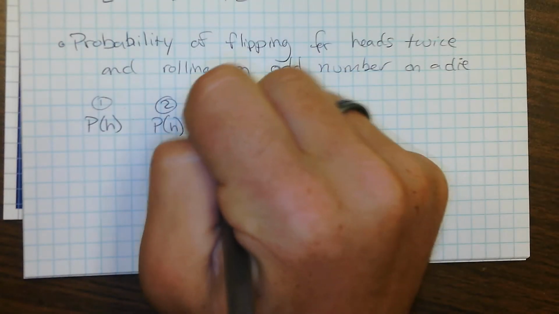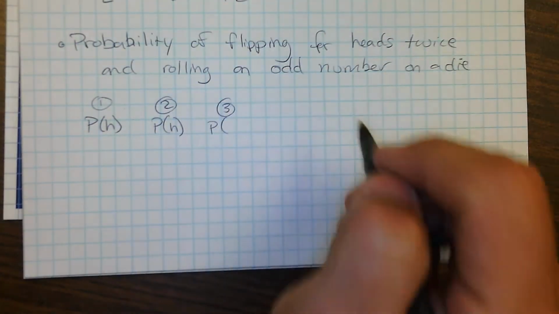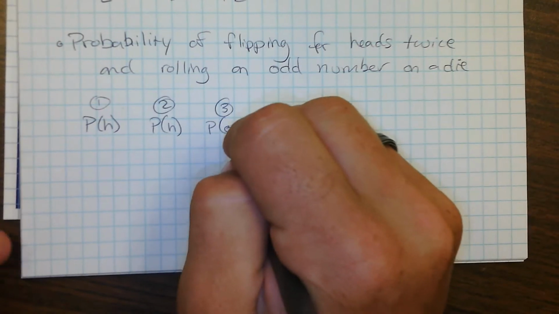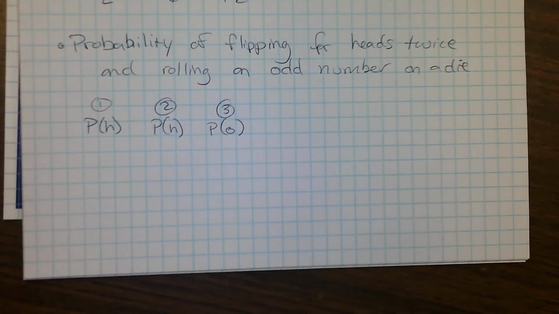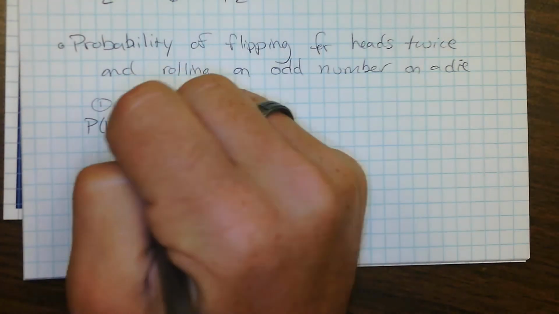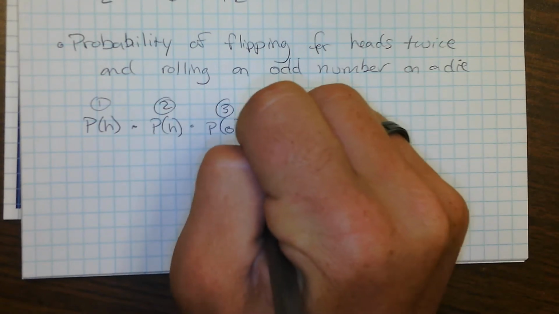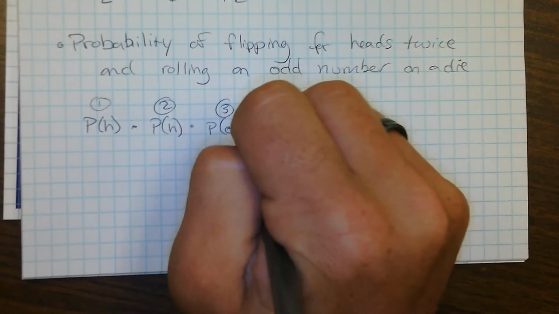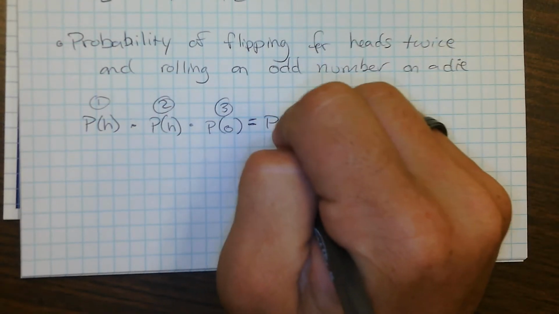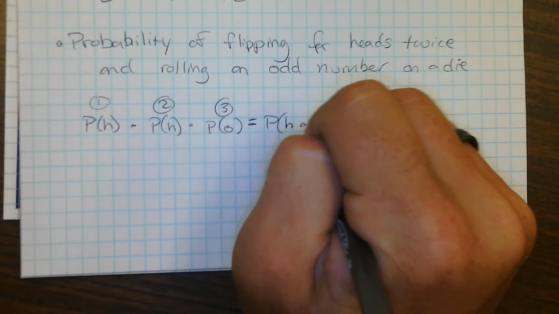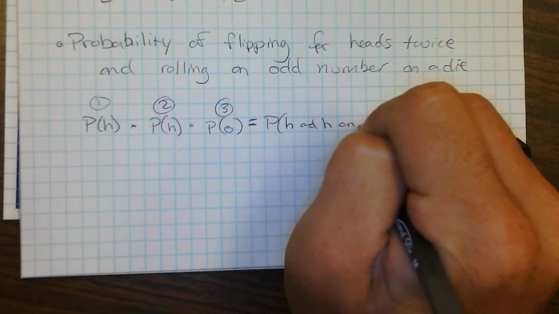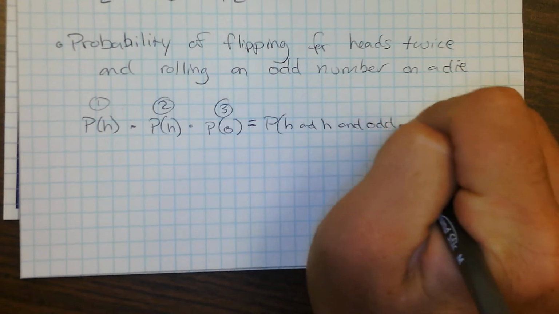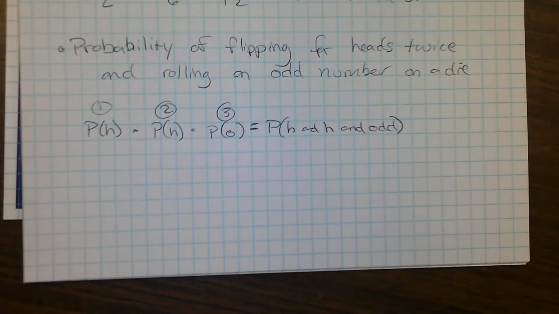And the third event is rolling an odd number. To find the probability of doing all 3 of these things, we're going to multiply the probability of all 3 of them to find the probability of heads and an odd number.